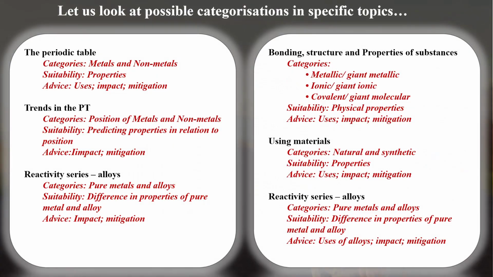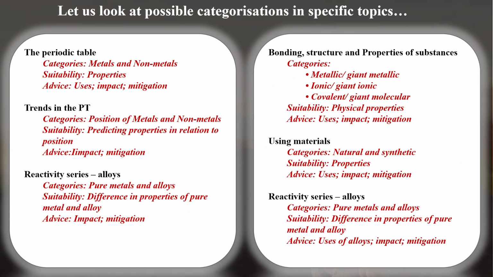Now, let's look at other possible categorization topics. There are other topics which might come in the items in the examinations that you're going to sit in the future. When you see a question on the periodic table, you have to categorize these elements on the periodic table as metals and non-metals.